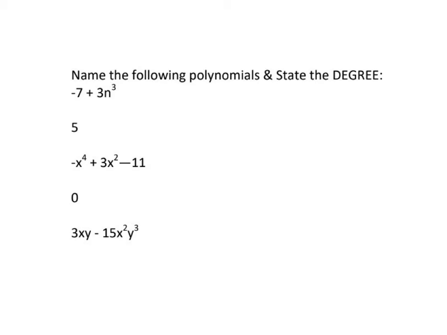So here, for this first one, we have to look at that degree, which is a third. It has an exponent of 3. So this is what we call a cubic binomial. Binomial. Let me fix that for y'all.